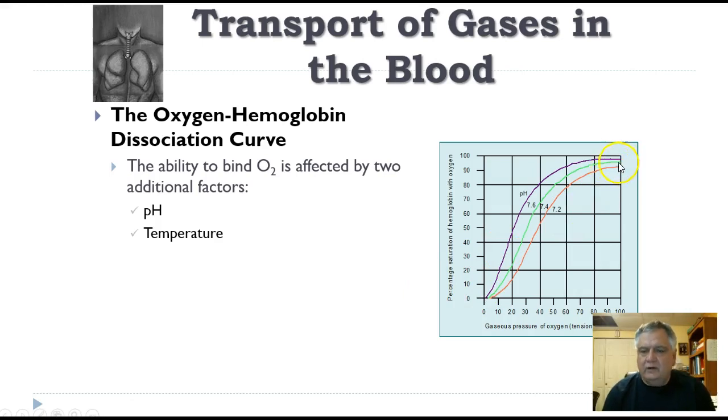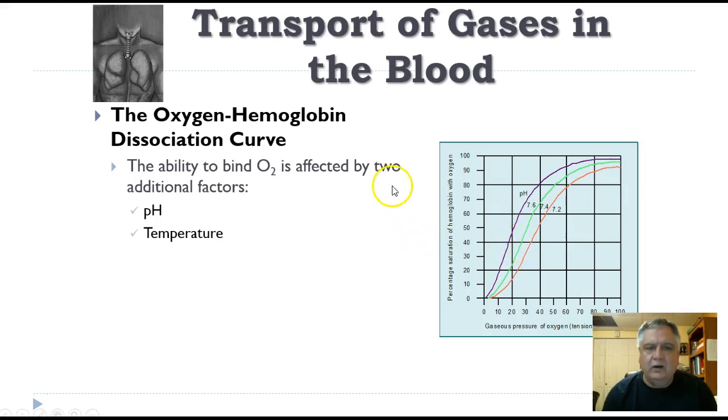So one of the factors we know that determines the rate of oxygen delivery to the tissues is how low the tissues are in oxygen. The lower a tissue is in oxygen, look at what happens. We can tell by the slope of the line here, the faster the hemoglobin is releasing oxygen into those tissues, as indicated by the green line.